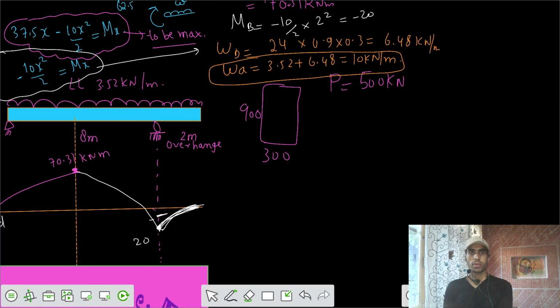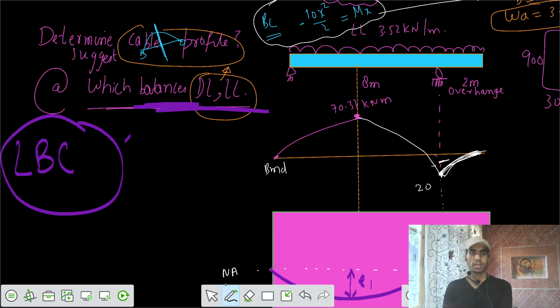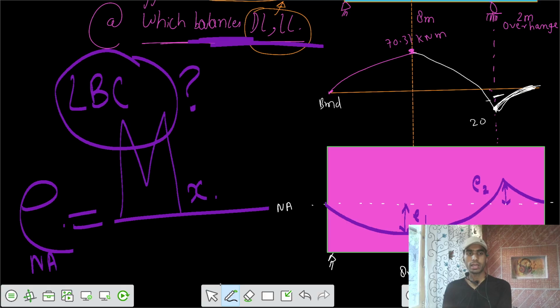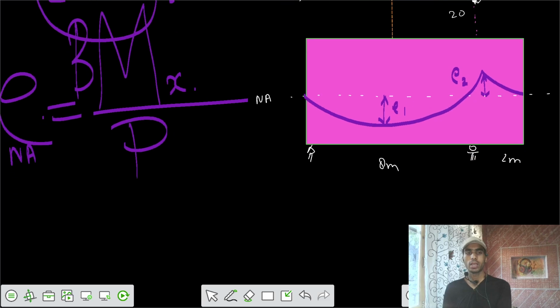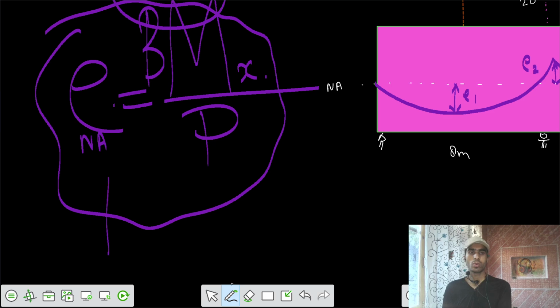Based on the load balancing concept, the eccentricity at any location of the cable, eccentricity of that cable from the neutral axis, is equal to the bending moment at that section divided by the pre-stress force P. This is the general equation we have for complete balancing of those loads.